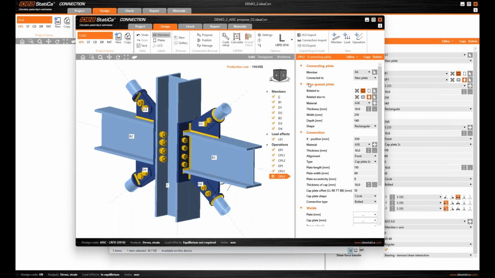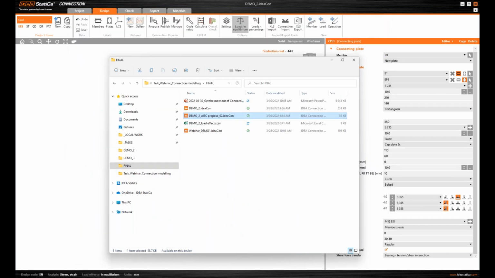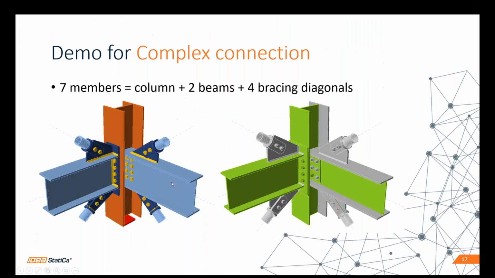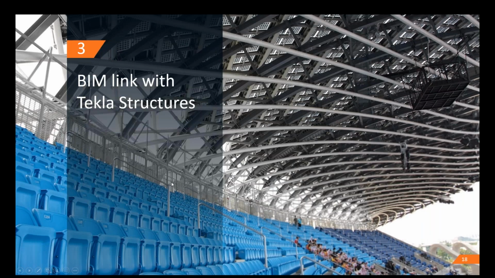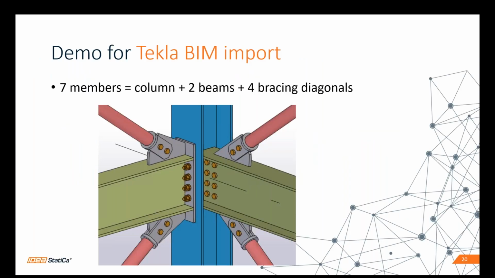be reused once more. And the third part of our presentation would be the BIM-link with some CAD application. So it's the situation when I have already prepared some CAD model with all the detailing work already done, and we can show how to import such a connection and how to finalize or polish this model.